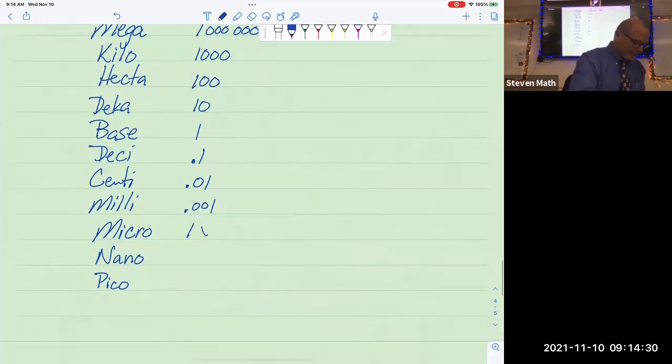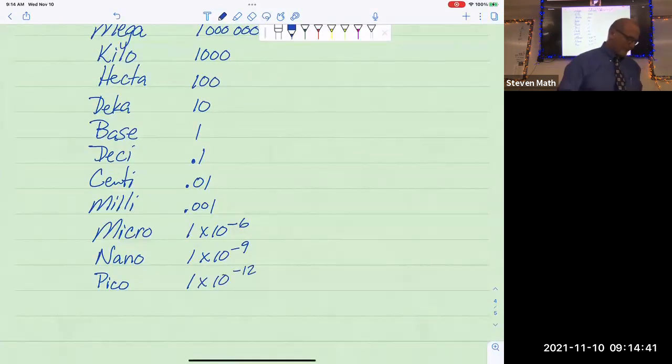A micro is 10 to the minus sixth. A nano is 10 to the minus ninth. And a pico is 10 to the minus 12th. Mega is a million, 10 to the sixth.